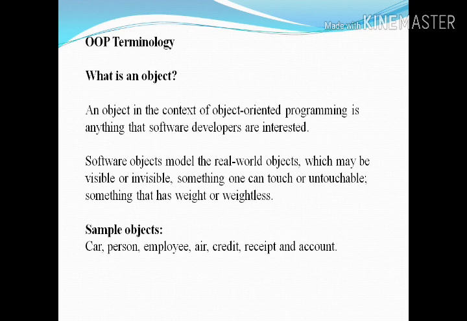So what is an object? We should know the simple object. An object consists of objects in an object-oriented programming language. Its object model is a real world object which can be visible or invisible. Sometimes one can touch, sometimes untouchable. For example car, person, employee, account, etc. Why that?